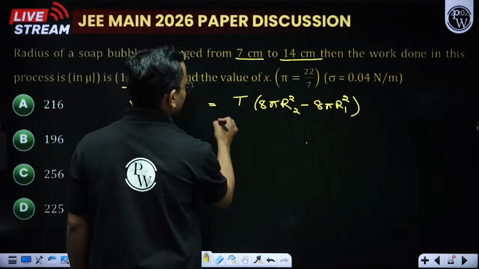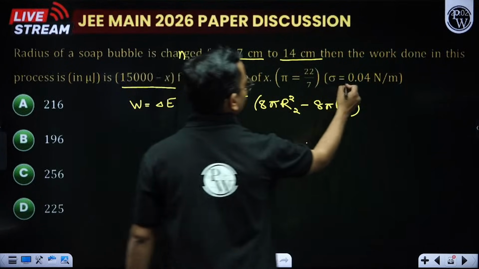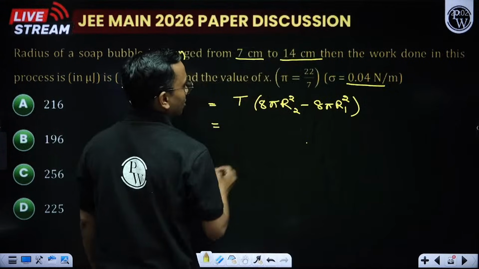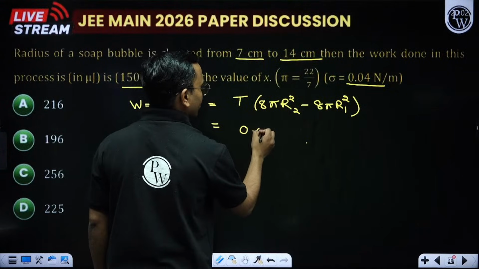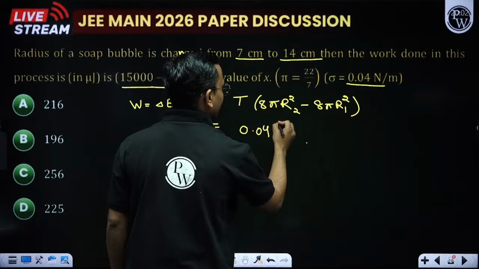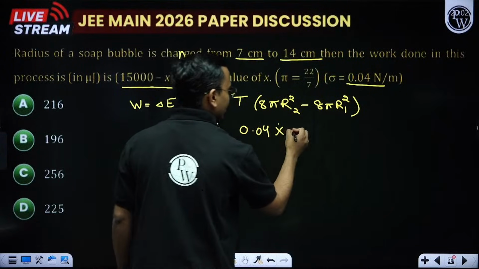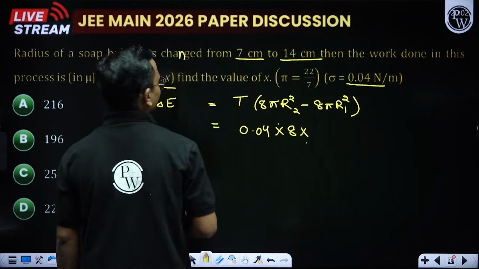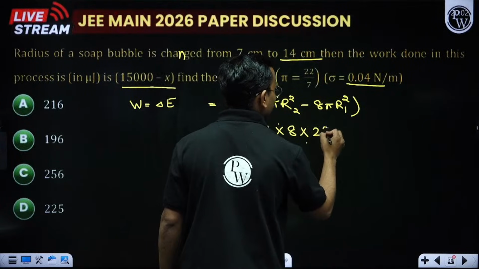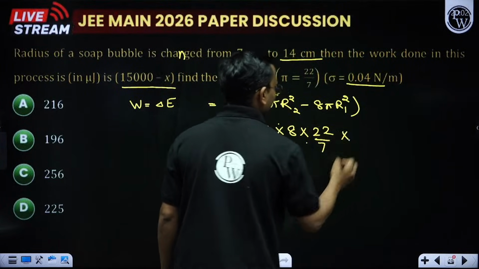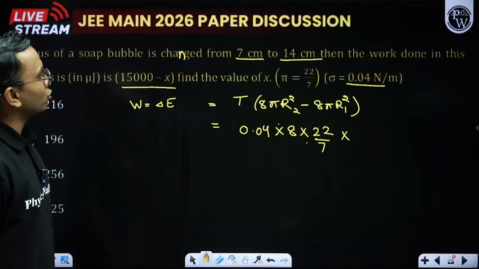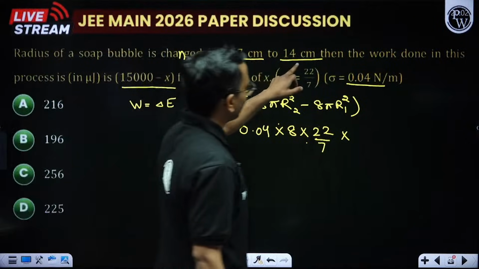What is surface tension, by the way? It is mentioned here as sigma. So that is 0.04 into 8 into pi. What is the value of pi? They are saying 22 by 7, into r2 square minus r1 square. It is changing from 7 to 14.